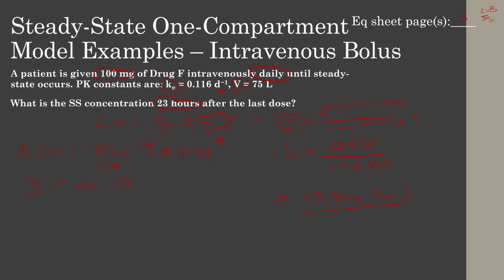So the steady state concentration 23 hours after the last daily 100 milligram IV bolus dose is approximately 11 milligrams per liter, or exactly 10.8. That is how you do this problem with a big messy equation. Key points here: make sure you're converting your units correctly, and make sure you can use your calculator well for these more messy equations with multiple exponentials in the top and bottom of fractions.